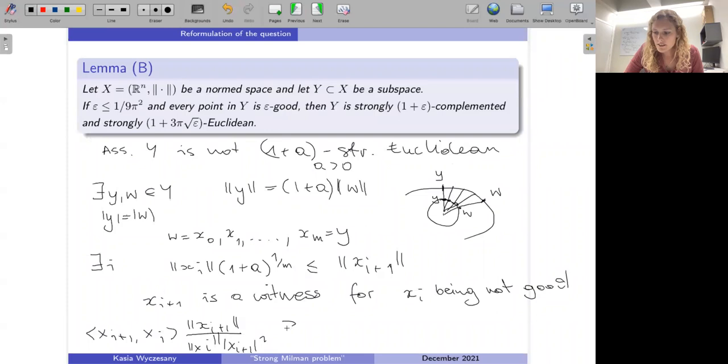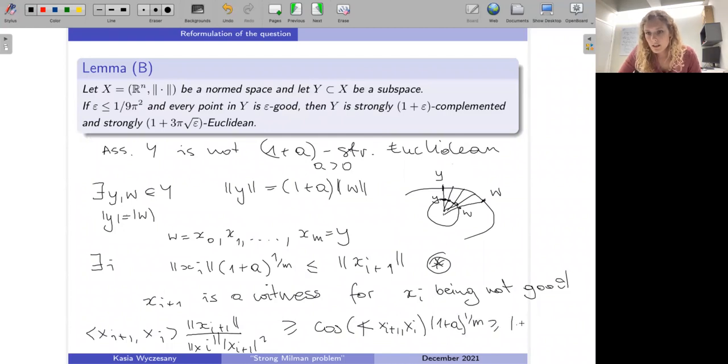So this is more than the cosine of the angle between x i plus 1 and xi, times what we get from the inequality here, star, that this is at least 1 plus a over 1 to the power of m.